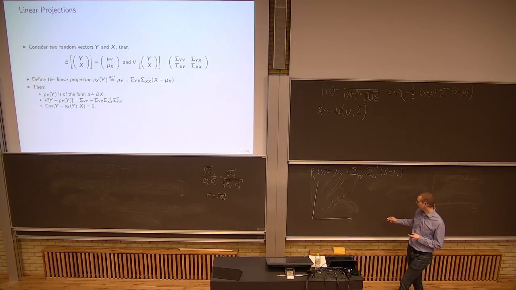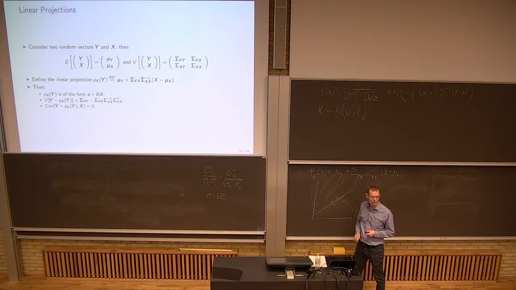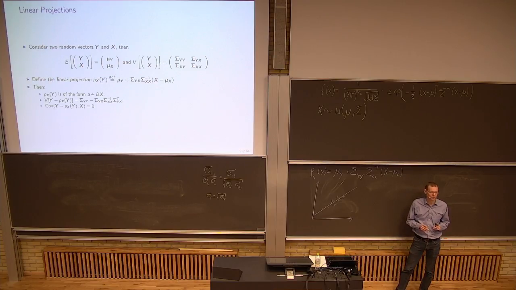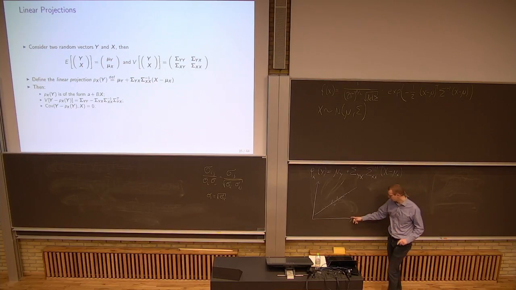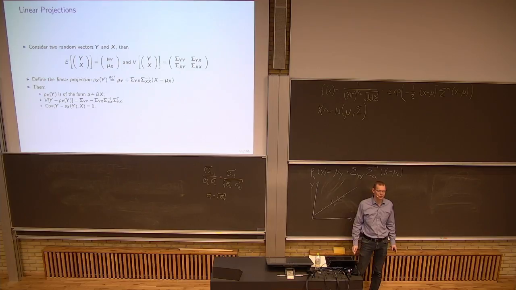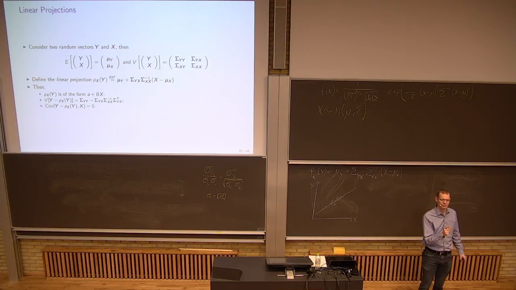When you fit this linear regression model, what you do is that you minimize the vertical sum of squares. Only look at the vertical errors, right? Now, that is because you assume that the x here is given. So there's no uncertainty in the x. You observe the exact value with no noise whatsoever.